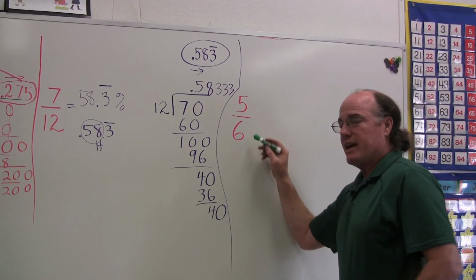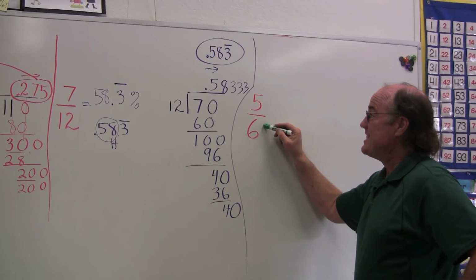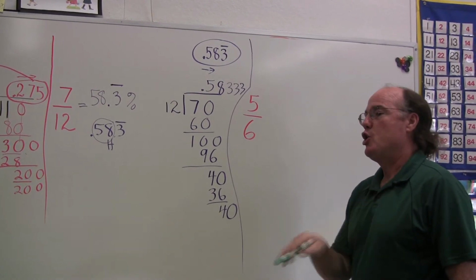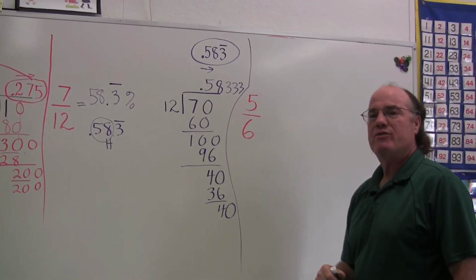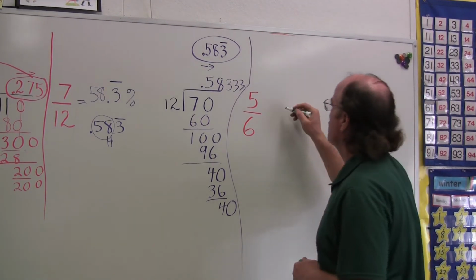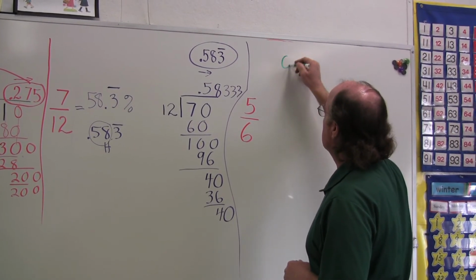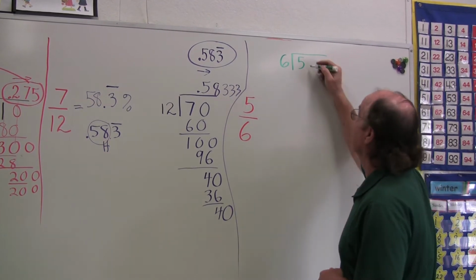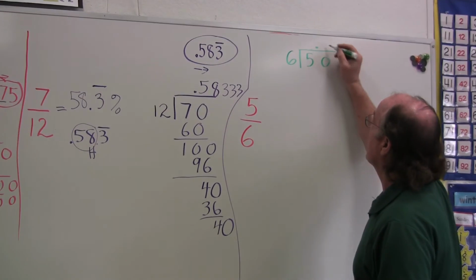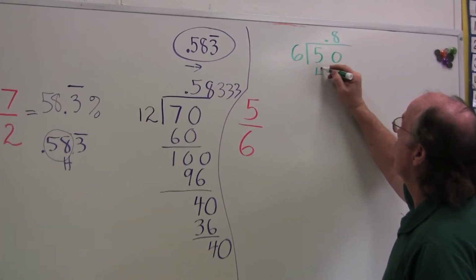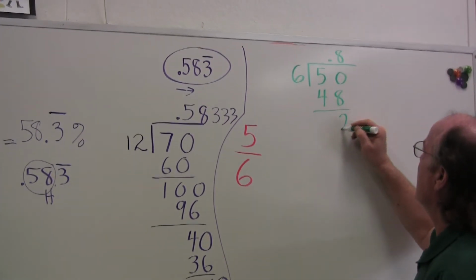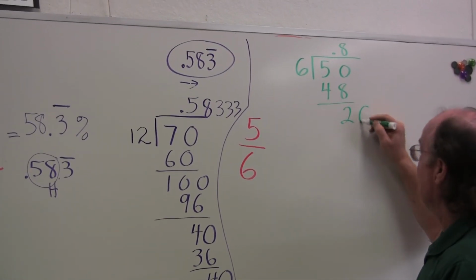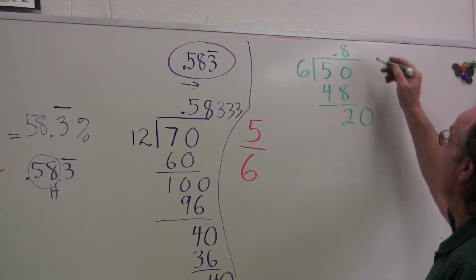Now we have 5/6. So we ask ourselves, can 6 go into 100? No. So we're going to have to divide. All right? So we divide 6 into 5. Can't do it. Decimal 0, 8, 48. And we get 2. Add a 0. 6 into 20.